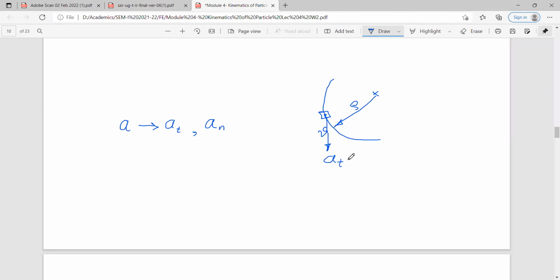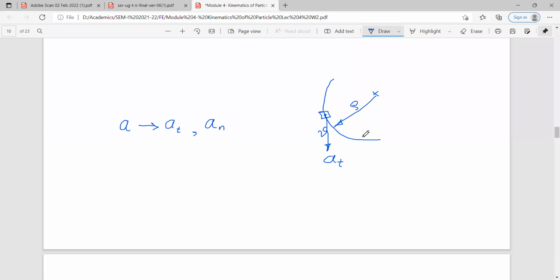And this tangential component is tangent to the particular point on the circular path. So if vehicle is here, you draw a tangent here, you will get the direction of velocity as well as the direction of tangential component.